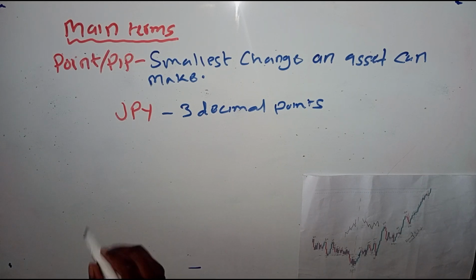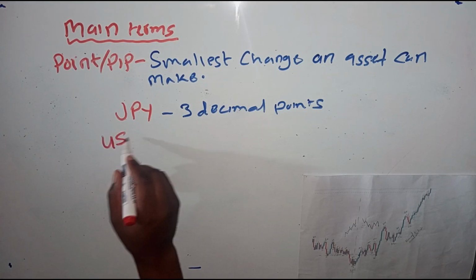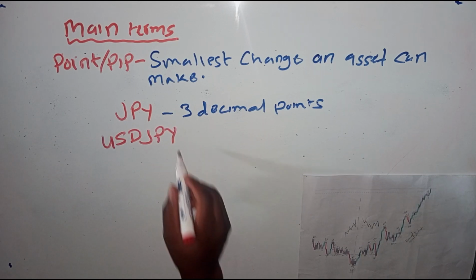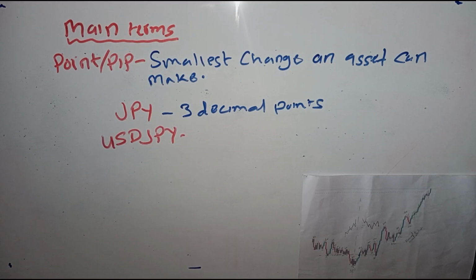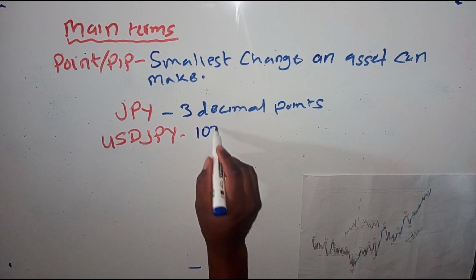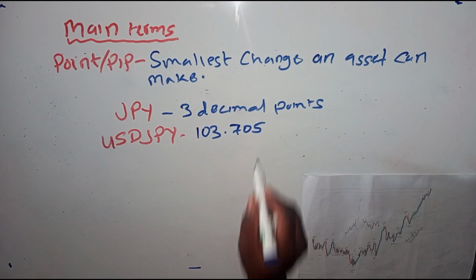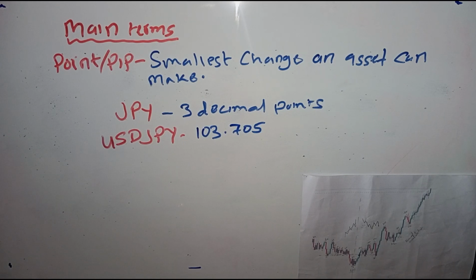An example is the USD JPY, quoted as 103.705.